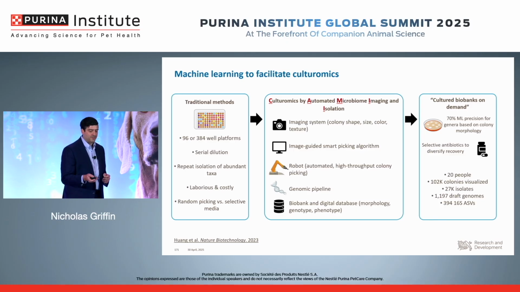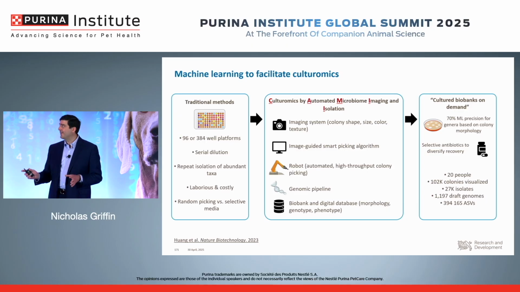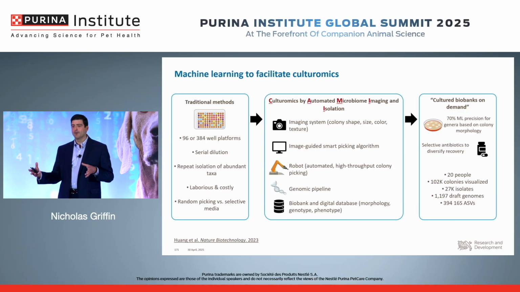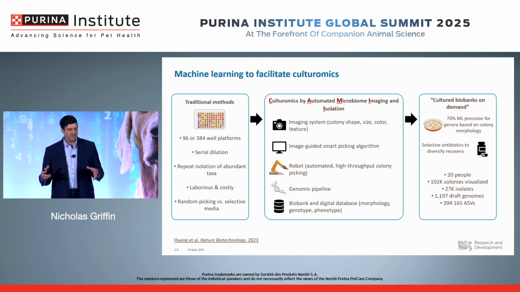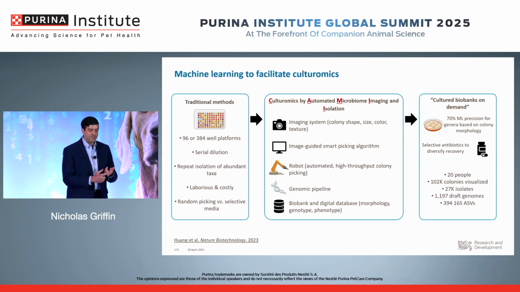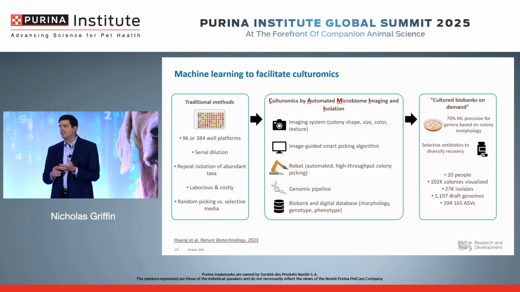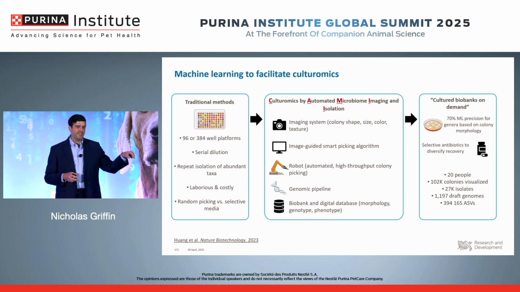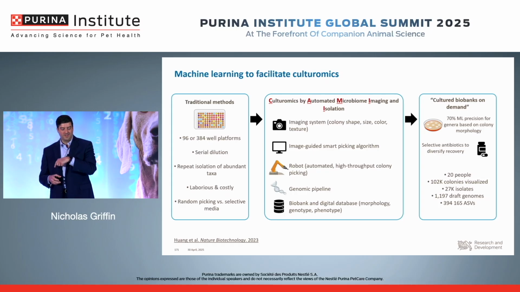But this group has developed a system they're calling CAMI, which is culturomics by automated microbiome imaging and isolation. This is fascinating to me. So even within an anaerobic chamber, they're able to get this to work, where you take an imaging system that can measure bacterial colonies' shape, size, color, texture, and other features. You pair that with an image-guided machine learning algorithm, and then you pair that to a robot that's performing rapid selection of those colonies.